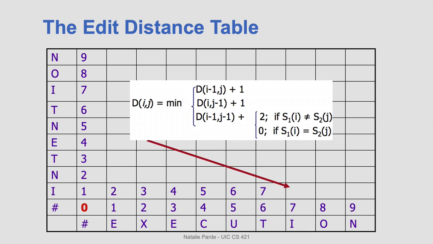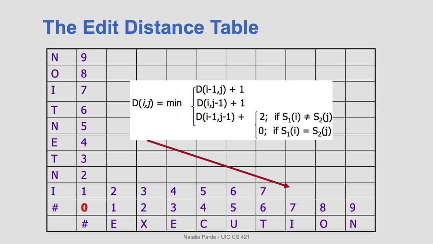We can continue a bit further and try another example here. In this case, option number 1, where we take the distance of transforming an empty string into EXECUTI and add 1, would result in an 8. Option 2, where we take the distance of transforming an I into EXECUT, would also result in an 8.